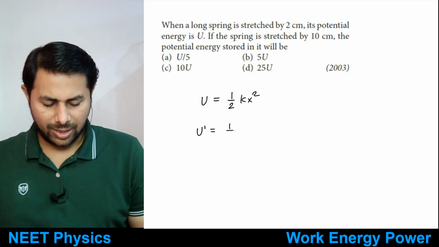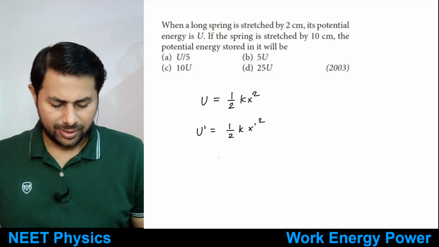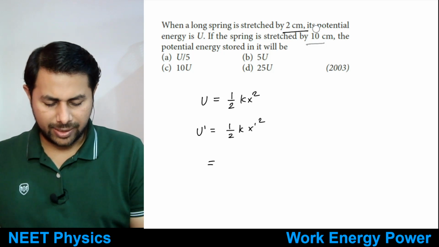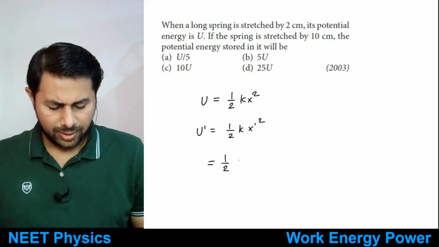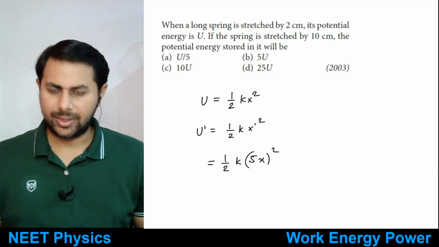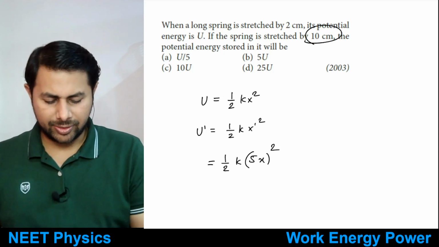U dash is equal to half of K into X dash square. And X is 2, X dash is 10, means X dash is 5 times of X, because it is 10 centimeter.